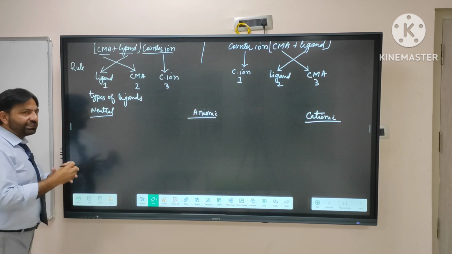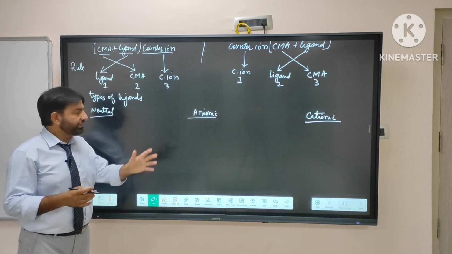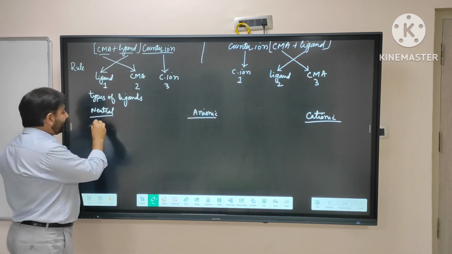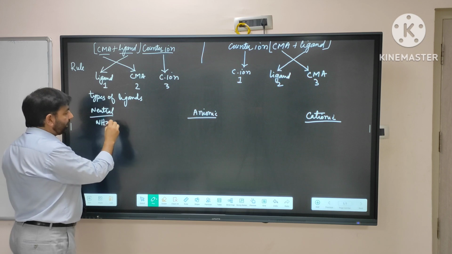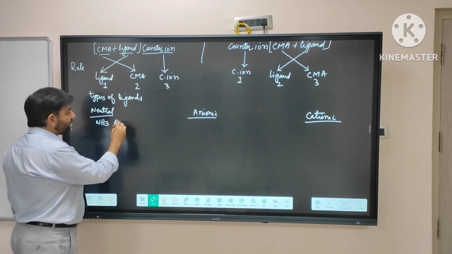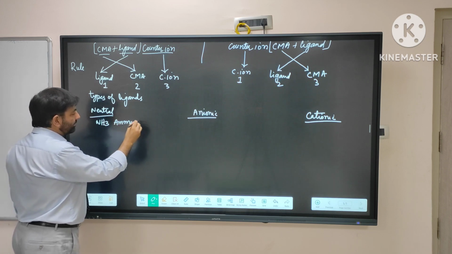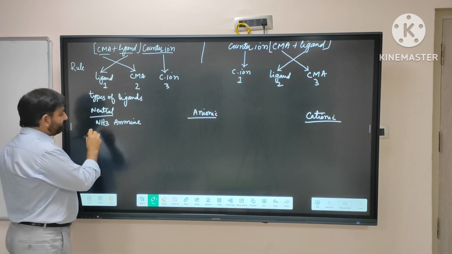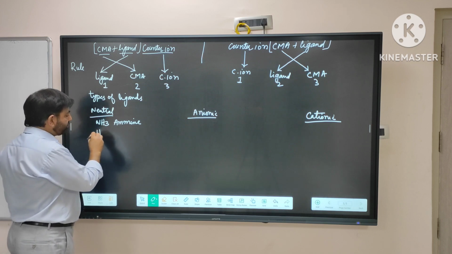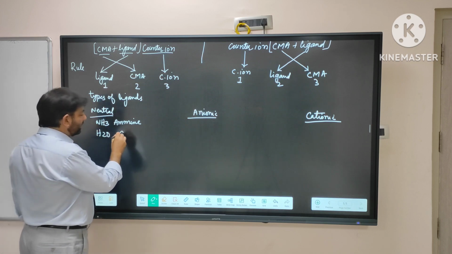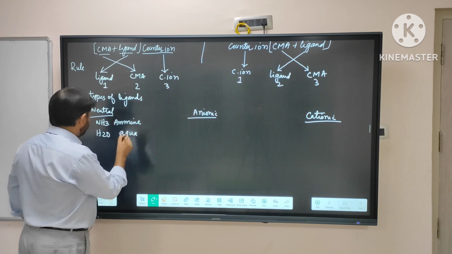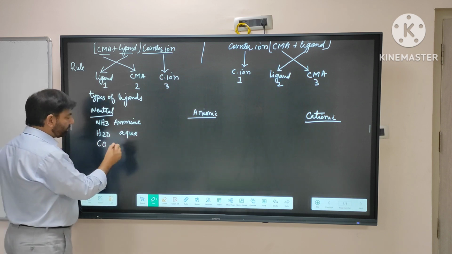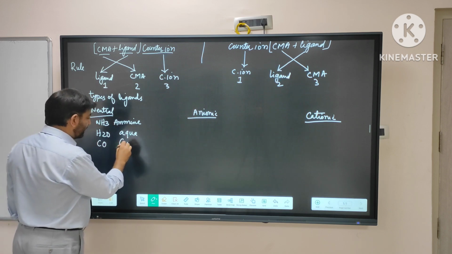I will give some examples for each. For the neutral ones, suppose NH3, it is called ammine. Another one is H2O, we call it aqua. Then CO is called carbonyl.